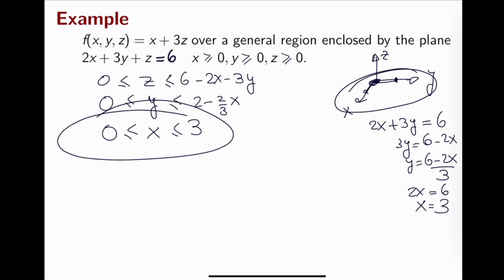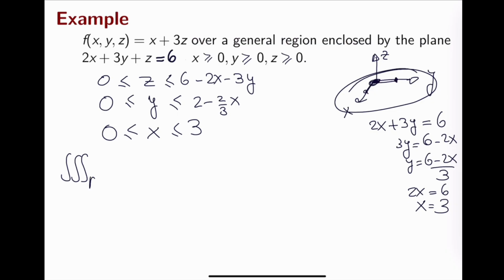So we see that now x varies between two numbers, and so this is going to be the outer integral. So the triple integral over this region of the function f dv is going to be equal to the integral from 0 to 3 dx, right? This is going to be the outer one.